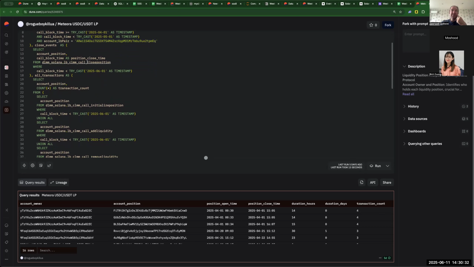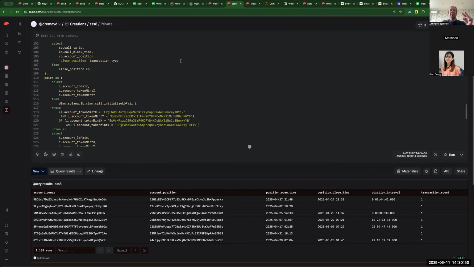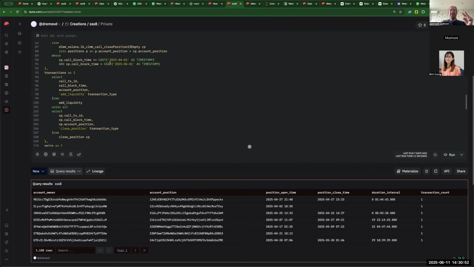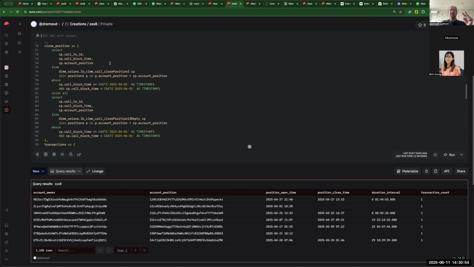For the close events, we have the close position, and the same. I think there could be different types of events for closing the position. For example, if we go in here, at least for what I found significant, there are close position 2 and close position if empty.